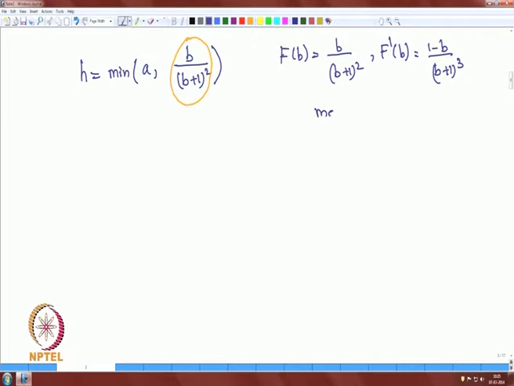So, the maximum value for f(b) for b greater than 0 is at b equal to 1. So, the maximum is obtained when b is equal to 1.